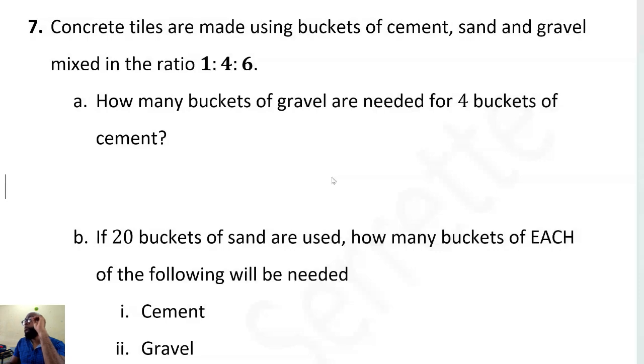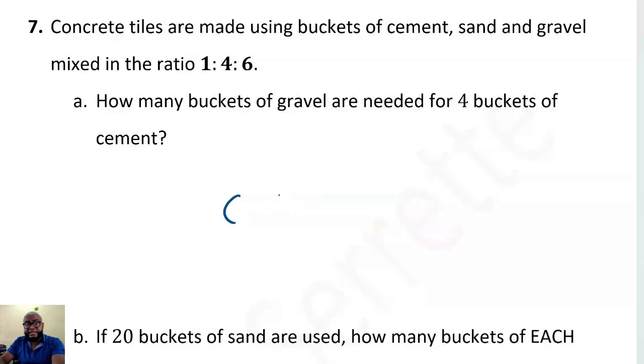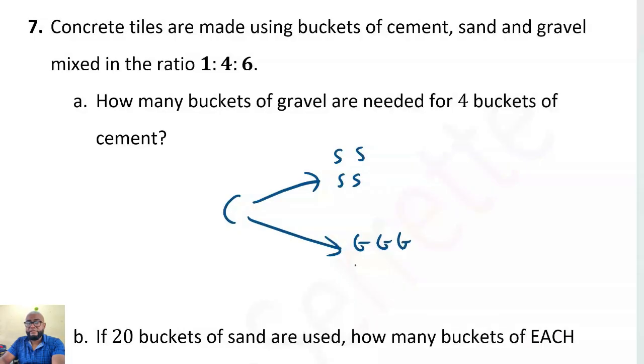Now, here is how this ratio is interpreted. For every 1 cement, I need 4 sand and I need 6 gravel. Everybody good there?